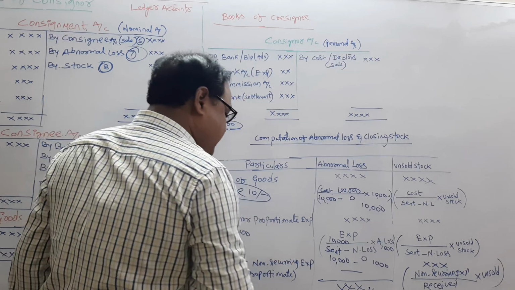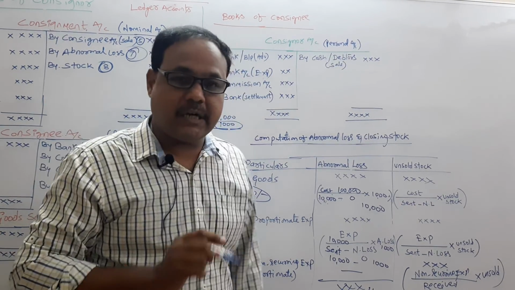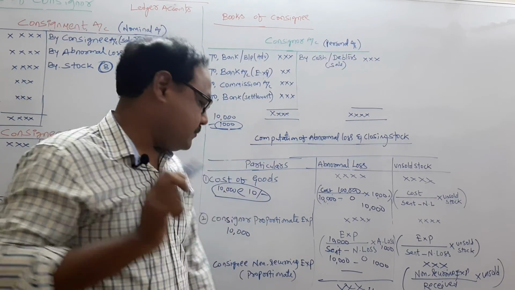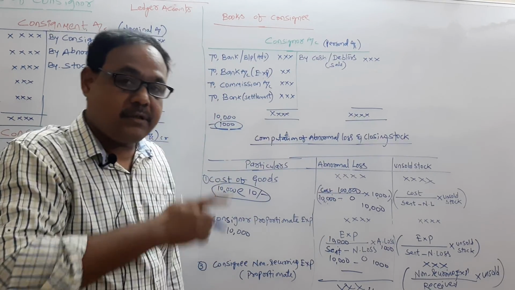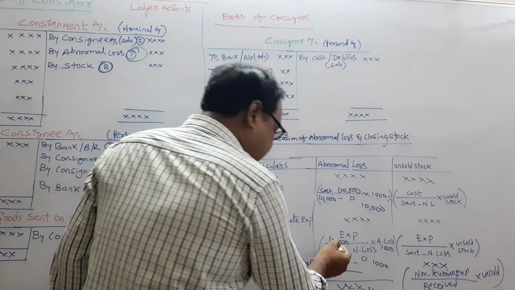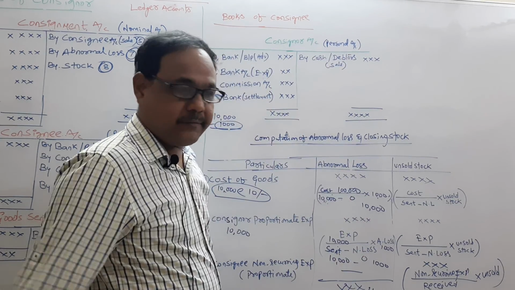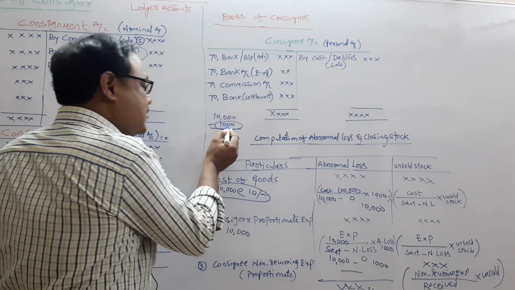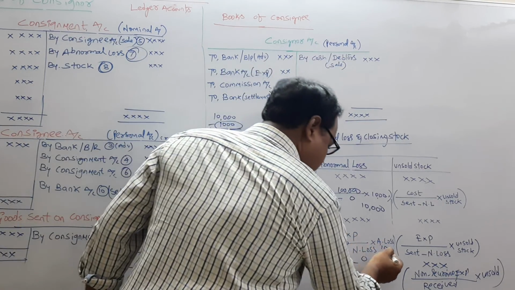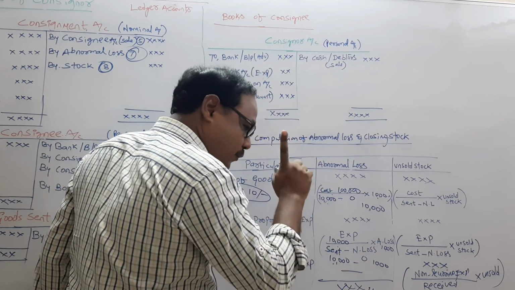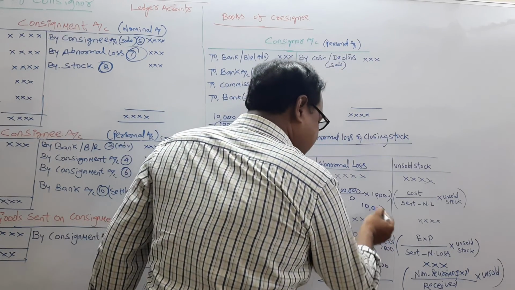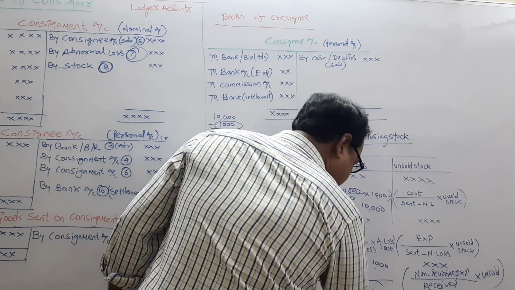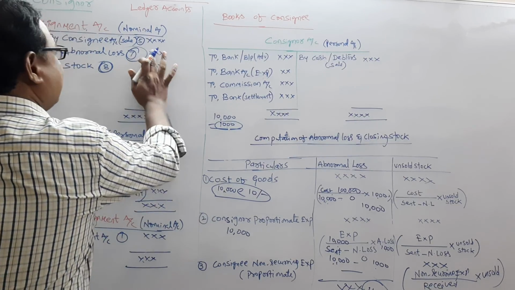Now consignor expenses, totally 10,000 rupees incurred for transporting 10,000 units. 10,000 divided by 10,000, 1 rupee, into 1,000 units, 1,000 rupees. 10,000 plus 1,000, abnormal loss is here 11,000.